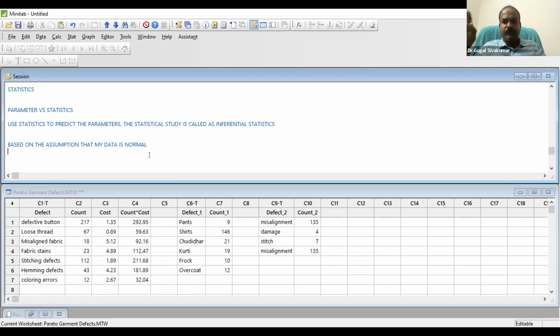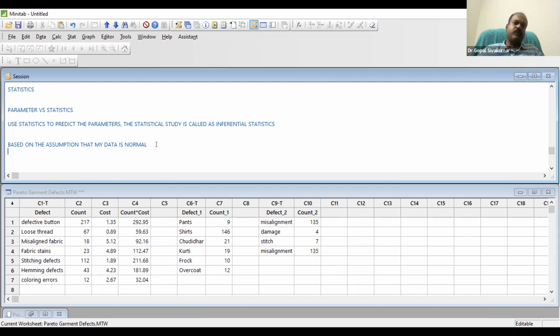If you try to influence the process, then your data will get distorted. Isn't it? Instead of following a normal, everything might cluster on one side. Everything might try to go on to the right side, or everything might try to go on to the left side. All those things will happen. But a natural process will always exhibit normality, and you can expect normality normally. That is why it is called normal. It is called normal distribution.